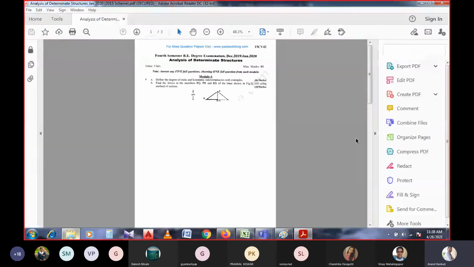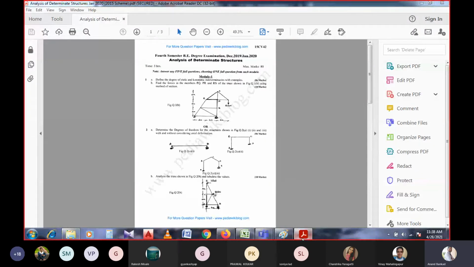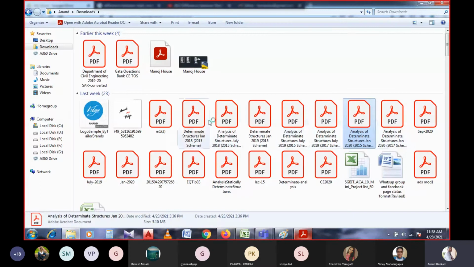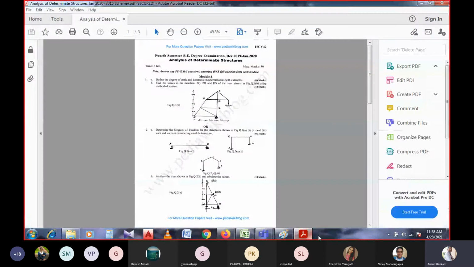I will show you just a few of them. The most important thing that we are going to consider in the structure is static and kinematic indeterminacies.